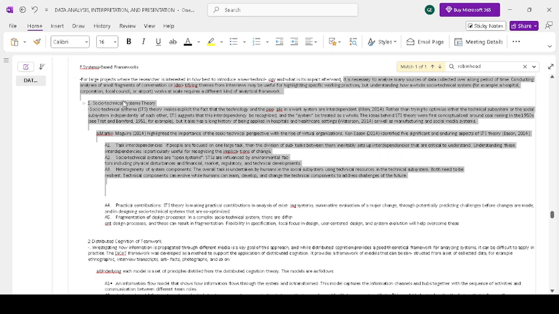Conducting analysis of small fragments of conversation or identifying themes from interviews may be useful for highlighting specific working practices, but understanding how a whole socio-technical system, for example, a hospital, corporation, local council, or airport, works at scale requires a different kind of analytical framework.